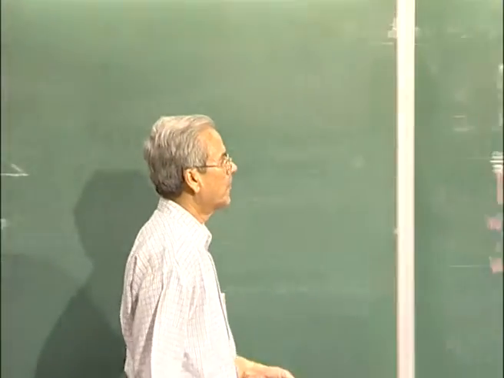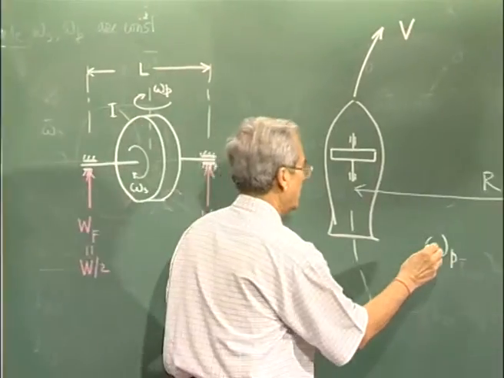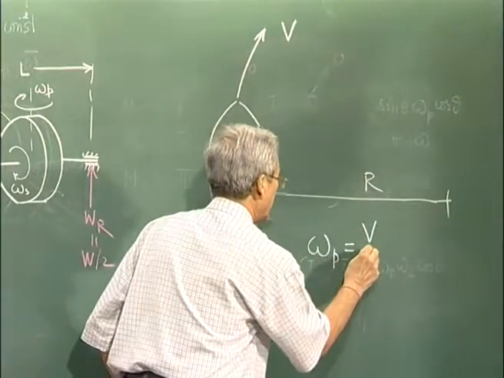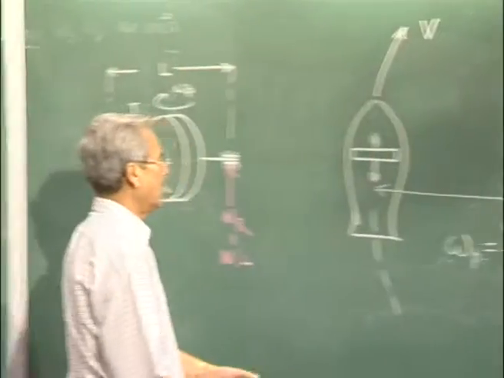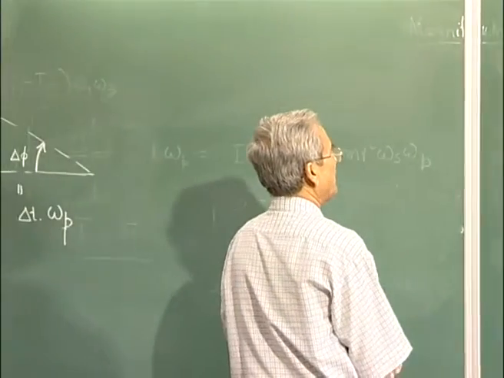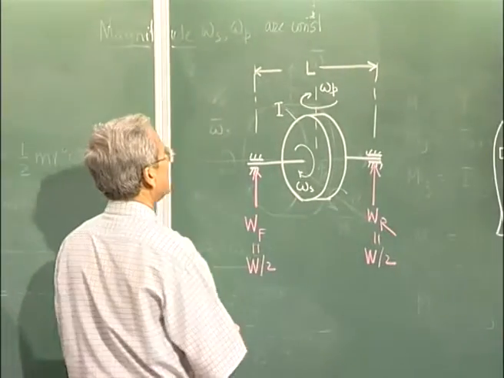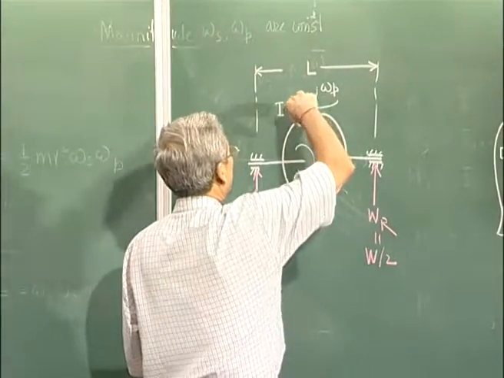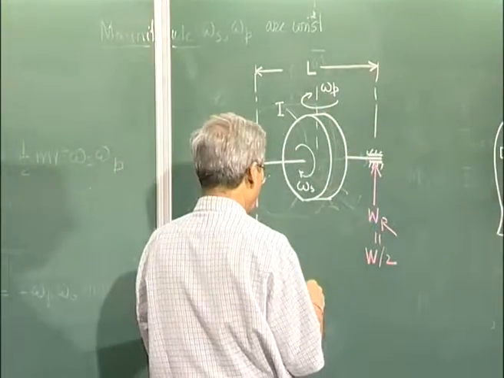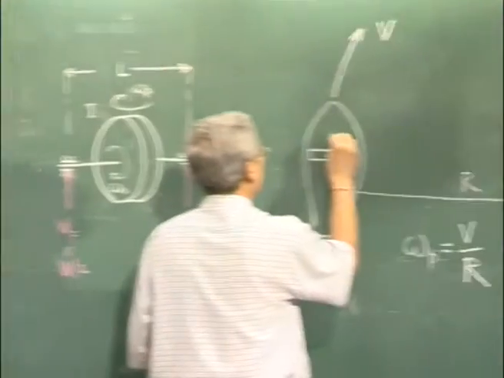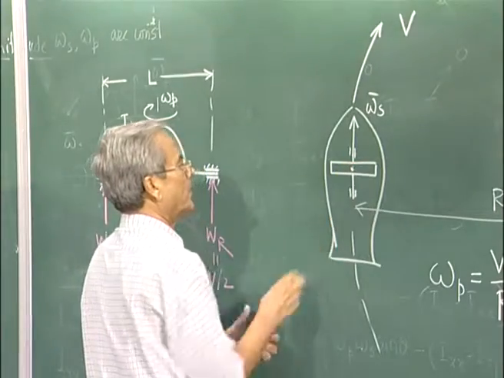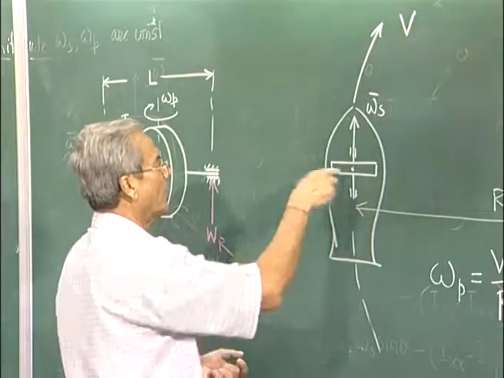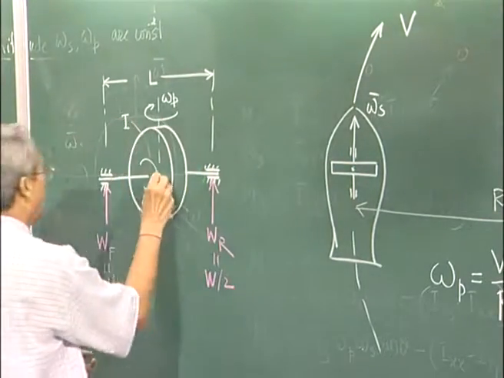So omega p is nothing but the velocity of this plane or this moving vehicle divided by the radius of its turn. And since it is rotating towards right in this view, if this is omega s, omega p will be up or down? It will be down.